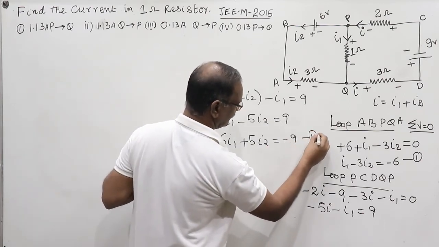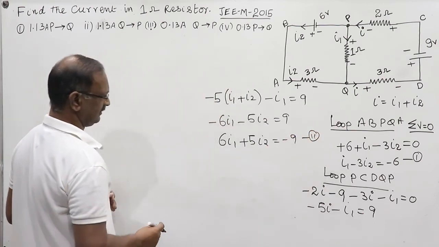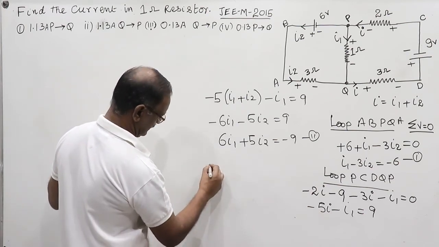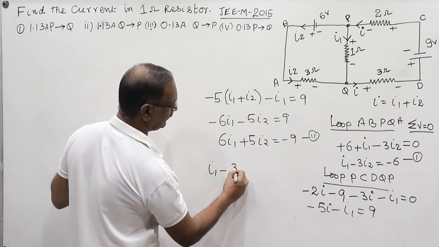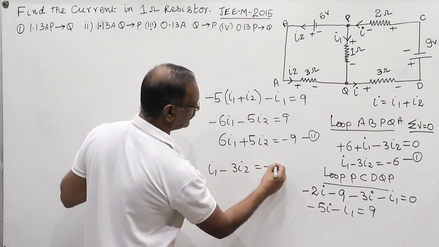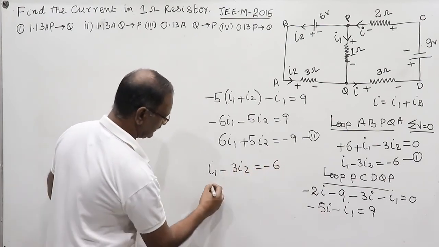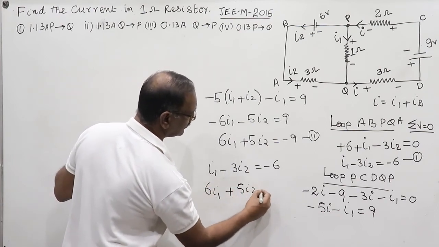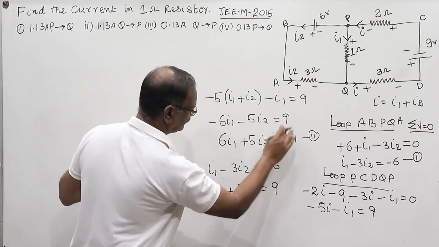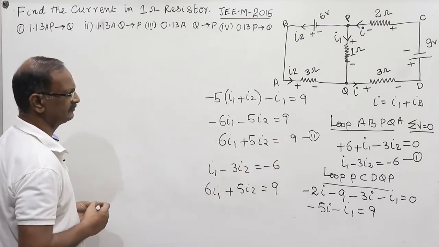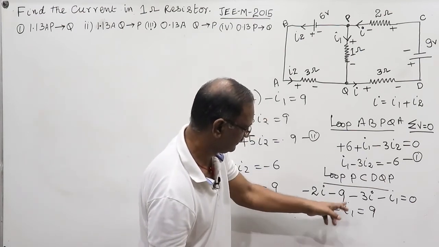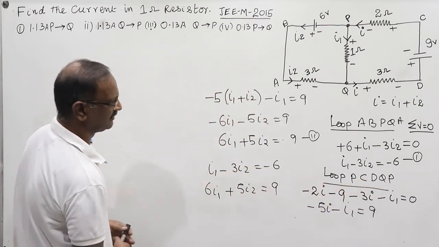Let us solve these equations. The first equation is I1 minus 3I2 is equal to minus 6. The second equation is 6I1 plus 5I2 is equal to 9. Minus 9 has gone, that's it, plus 9.